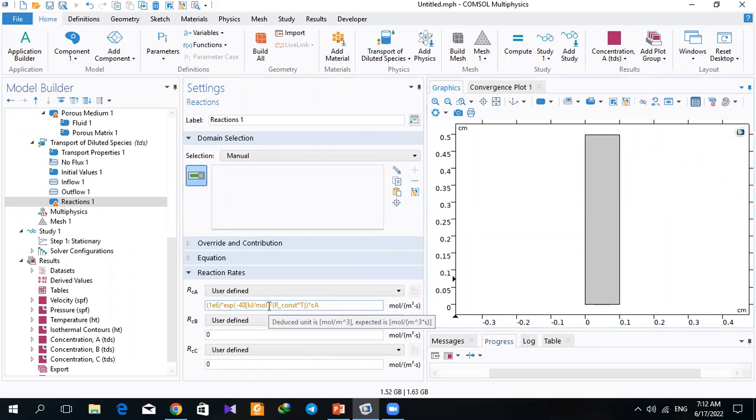When it is red, it's totally wrong, but when it is orange or yellow, most of the time it is a problem of unit. The unit of this pre-exponential factor is 1 per second, let's say. So it's consuming A; I add this one here. I multiply that for B also, and multiply it for C, but it's positive. It's just an example.